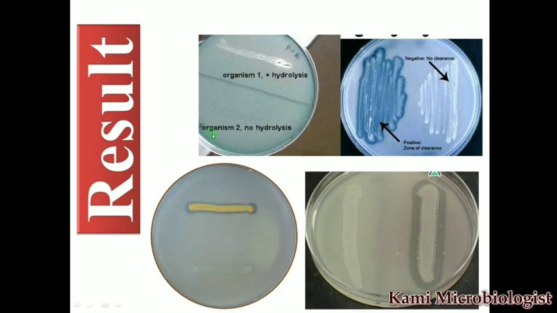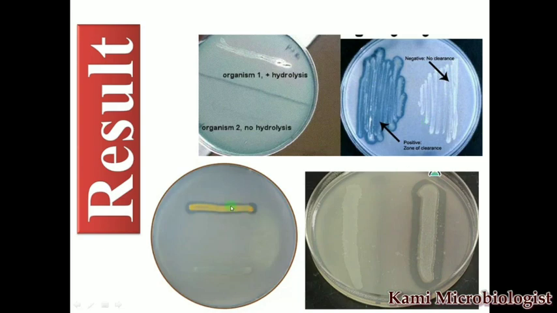This is the result, as you can see. Now this is the positive result. As you can see, there is a clear zone. This is the negative result, there is no zone. This is another plate, so we get the zone. As you can see, there's a bacterial colony as well as the zone, and this is another bacterial colony, but there is no clear zone.